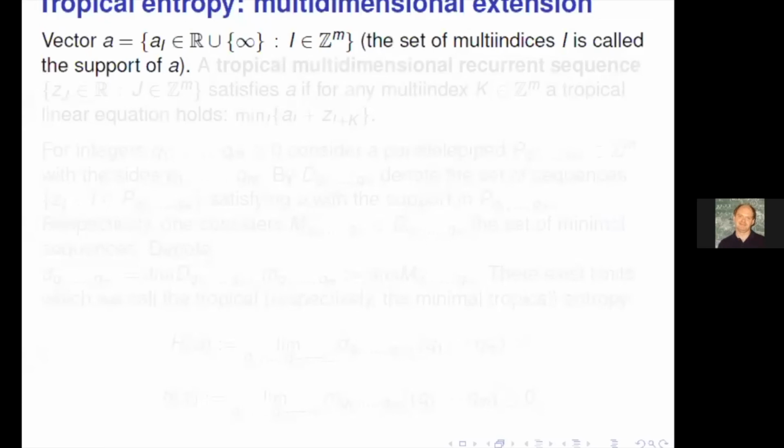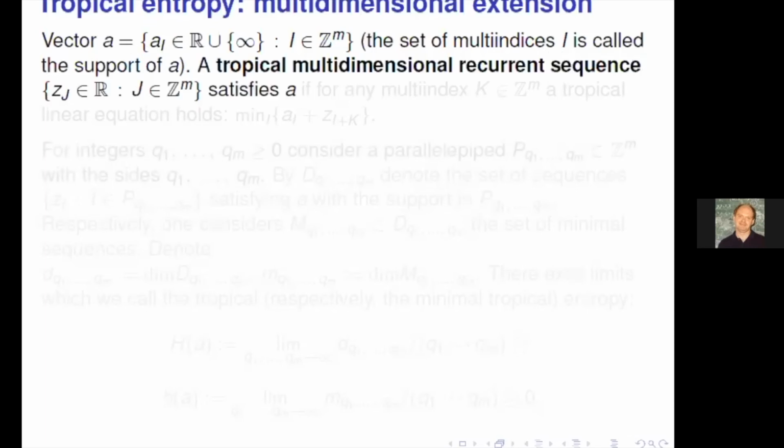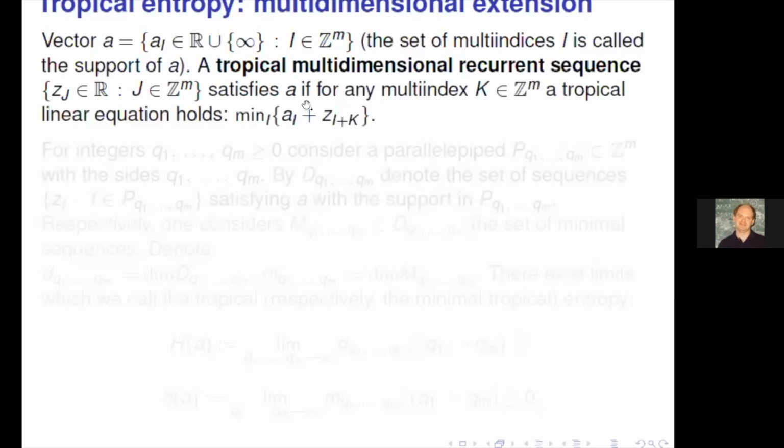So now the vector lives with the support on the m-dimensional lattice, and the set of multi-indices is called the support of A. And the tropical multi-dimensional recurrent sequences are again similar to the classical situation.